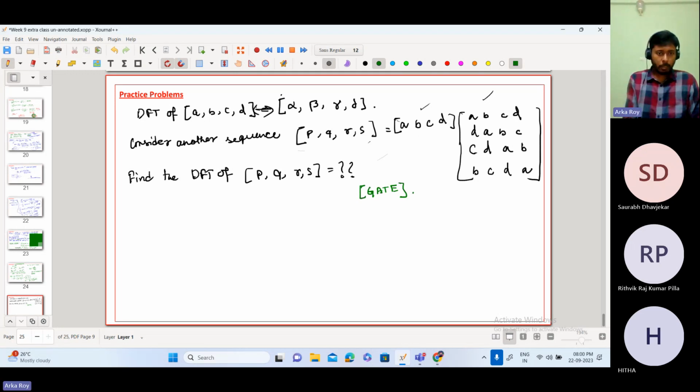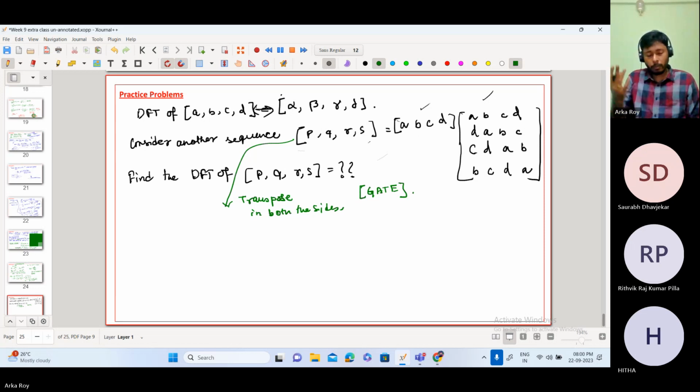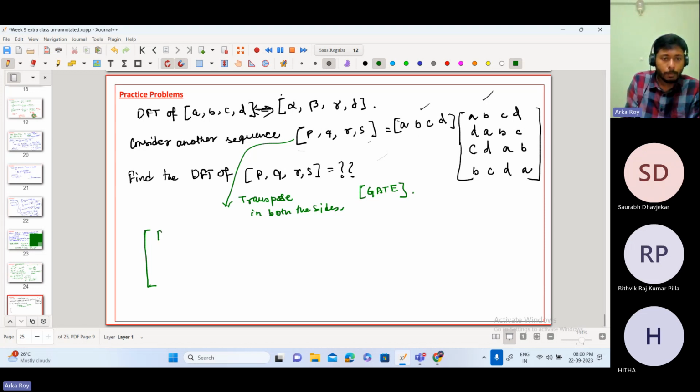So this question can be solved. Let us just take a transpose on both sides. Even if you don't take the transpose, you can find the solution, but because I'm following the MATLAB convention, it is better to do the transpose operation and then do the matrix multiplication.